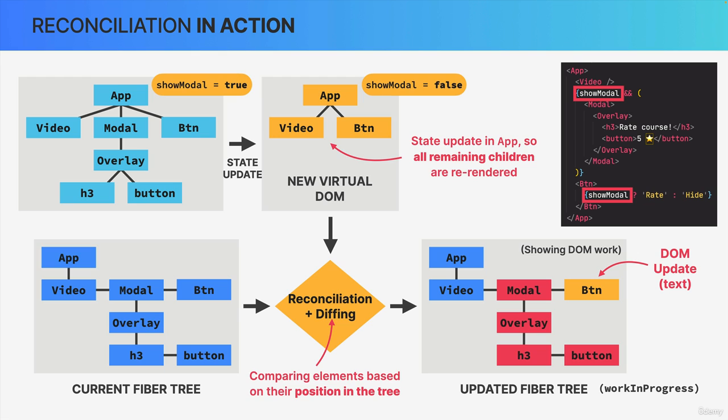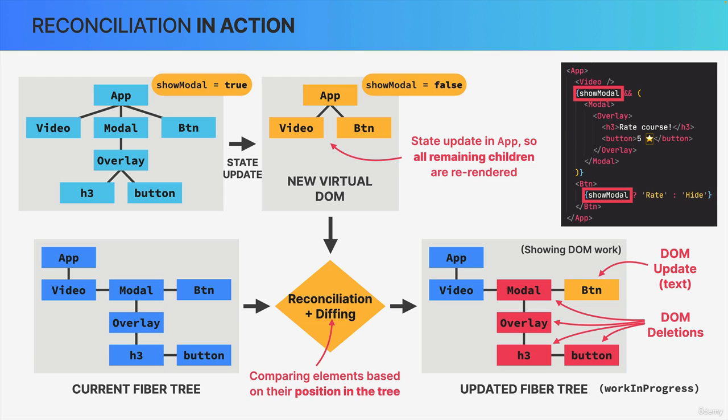So these were in the current fiber tree, but are no longer in the virtual DOM, and therefore they are marked as DOM deletions. Finally, we have the interesting case of the video component. So this component was re-rendered because it's a child of the app component, but it actually didn't change. And so as a result of reconciliation, the DOM will not be updated in this case.